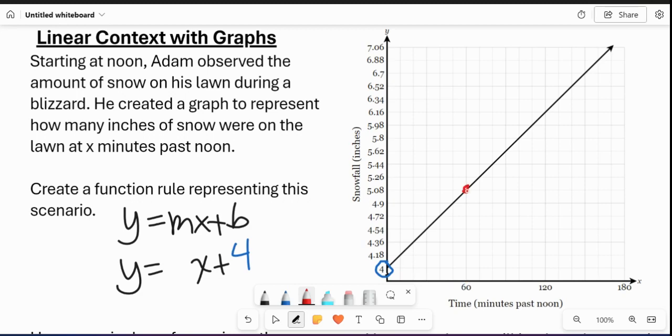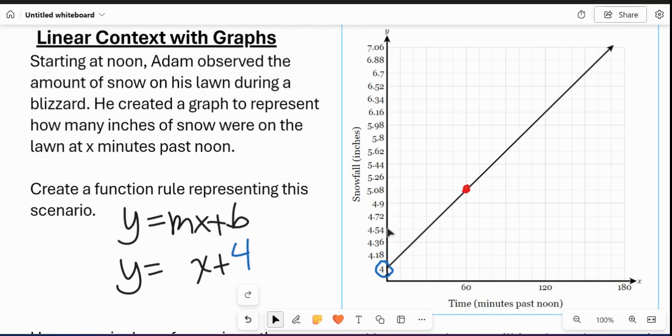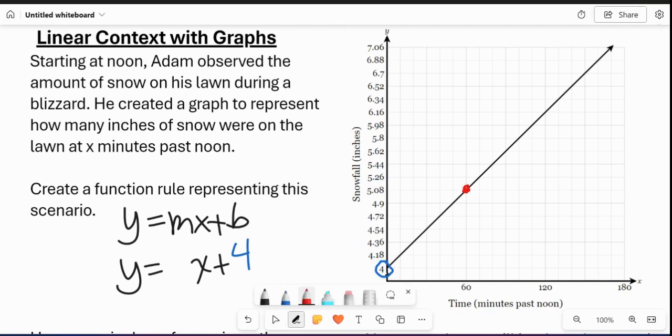So I can simply just figure out the rise over run to that point to figure out what my rate is. So when I go up from 4 to 5.08, right? If I go up to there, and then I'm going over 60, right?